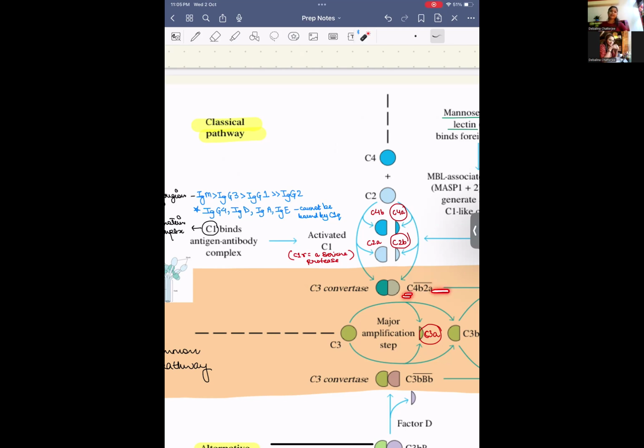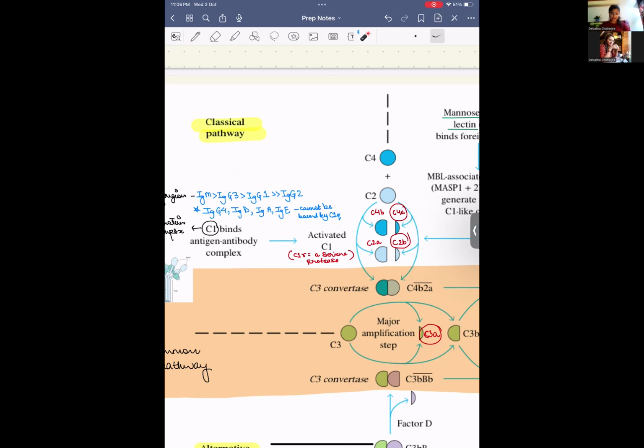We do not write the C again and again. So the association of these two fragments as C4b and 2a is an enzymatically active component, and therefore we have this bar. These are some nomenclatures that are used in the representation of your complement pathways, right?